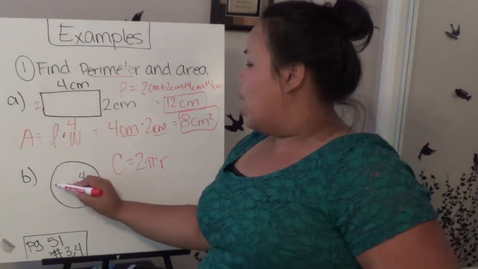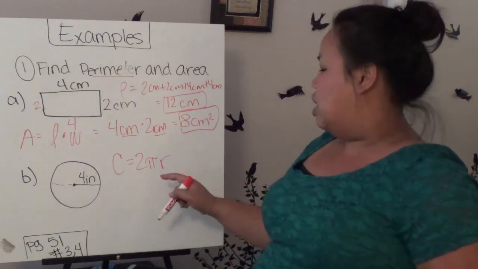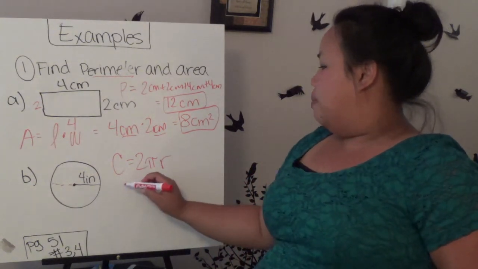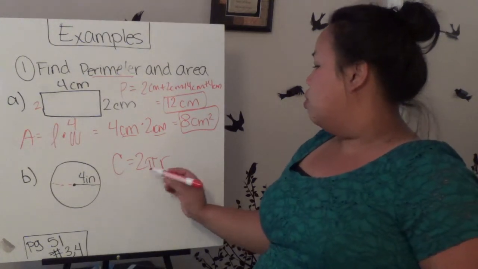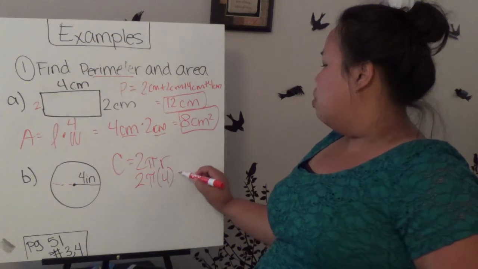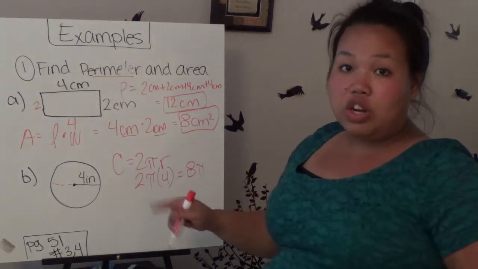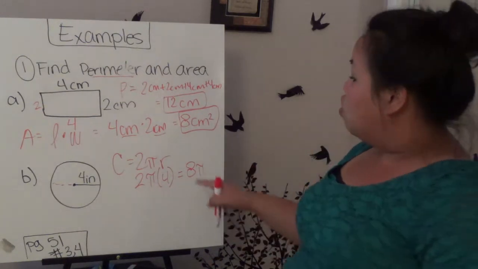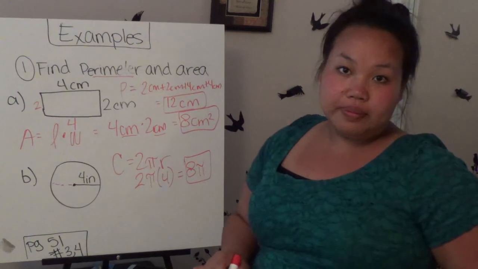If they give you diameter, then you just split that in half, but this is radius, and the diameter is the whole thing. So our radius would be 2 pi times 4, which would be 8 pi. Now, you can multiply by pi in your calculator, which is 3.14. You can multiply 8 times pi, or you can just leave it as 8 pi.